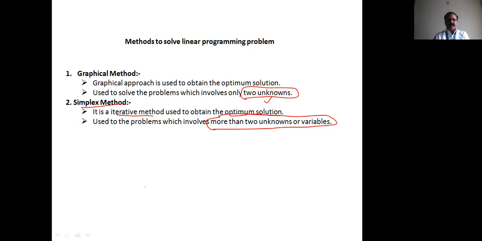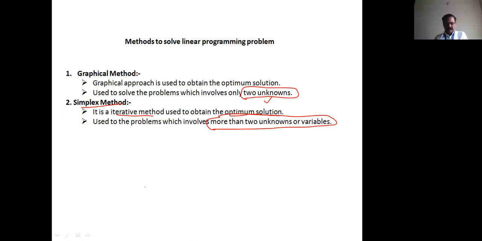The graphical method is suitable only when there are two unknowns or variables, and the simplex method is an iterative method which is suitable when the equation involves more than two unknowns or variables. This is how the optimization problem is formulated and can be solved with the help of these two methods.